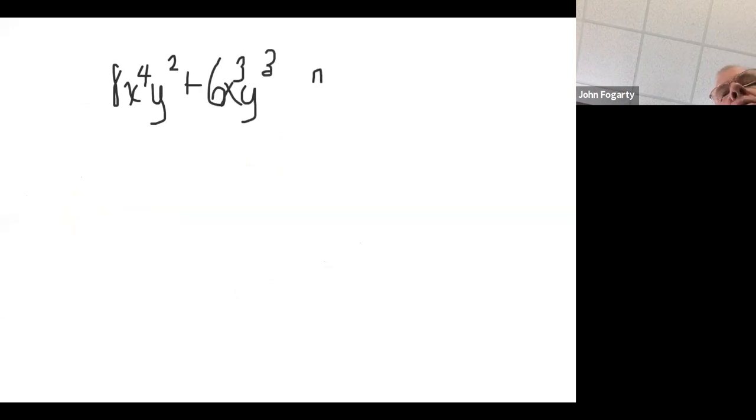We're just going to add another term, and we're going to add another variable. So we're going to start with 8x to the 4th y squared plus 6x to the 3rd y to the 3rd minus 2xy to the 4th.